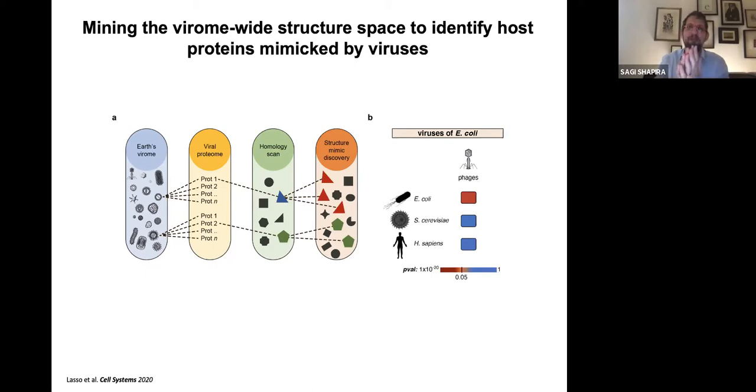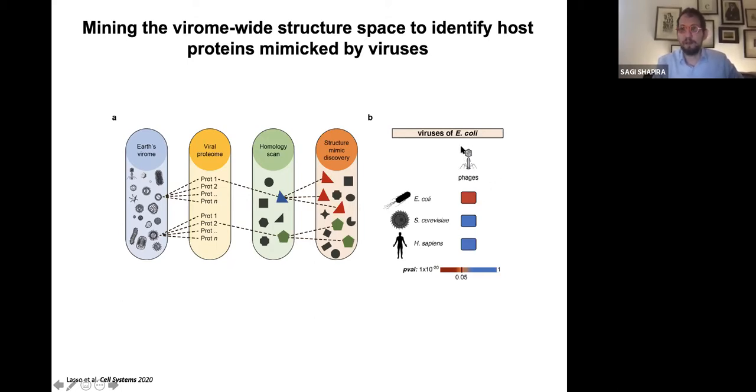But what we did was we built these structure models for proteins for all viruses that have been described, and asked whether the structure space that's used by viruses is dictated, at least in part, by the host that they infect. Okay, so here's an example. We look at all phages.